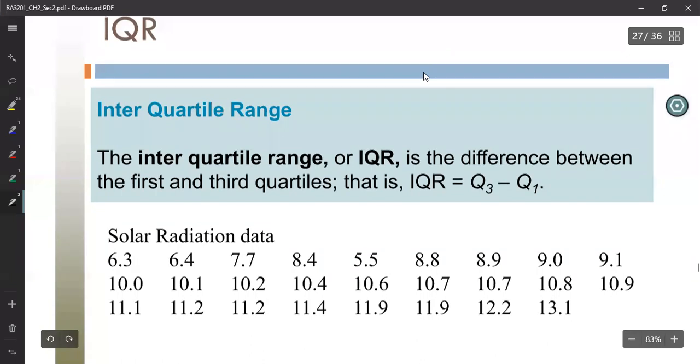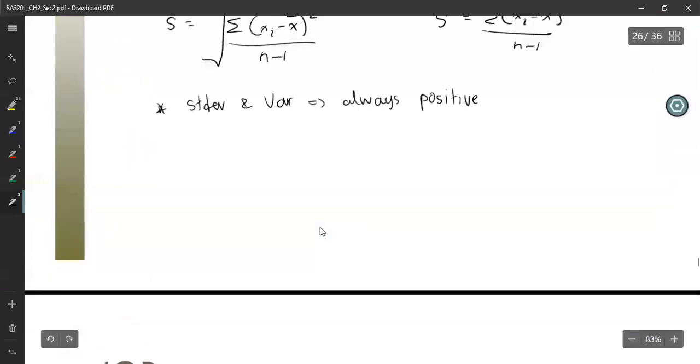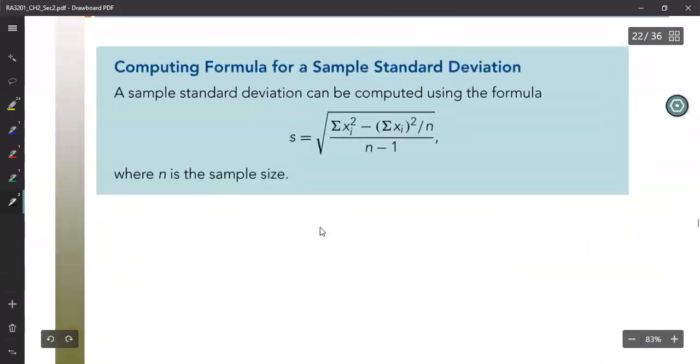Let's try to find the IQR of the solar radiation data. You already have Q1 and Q3. Can you remember them? For the solar radiation data, what were the quartiles, Q3 and Q1? Let's go back and check it.